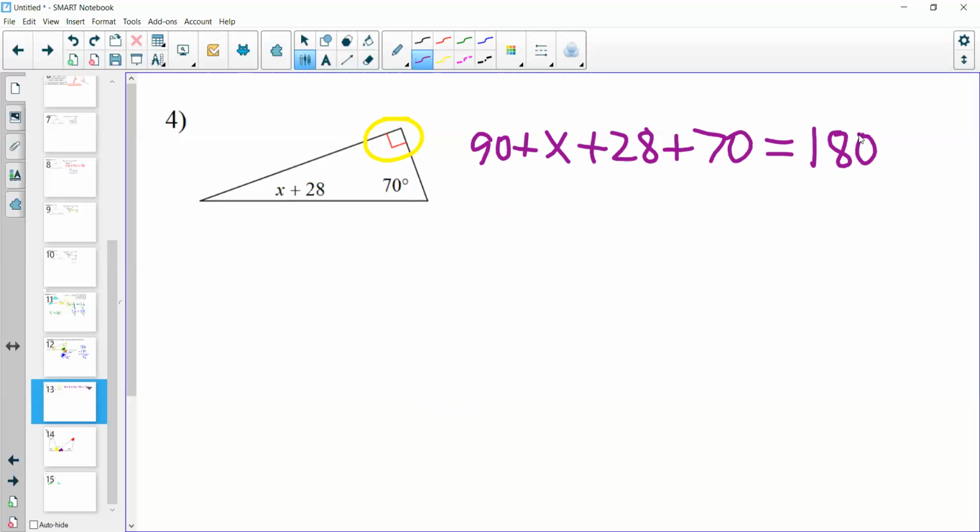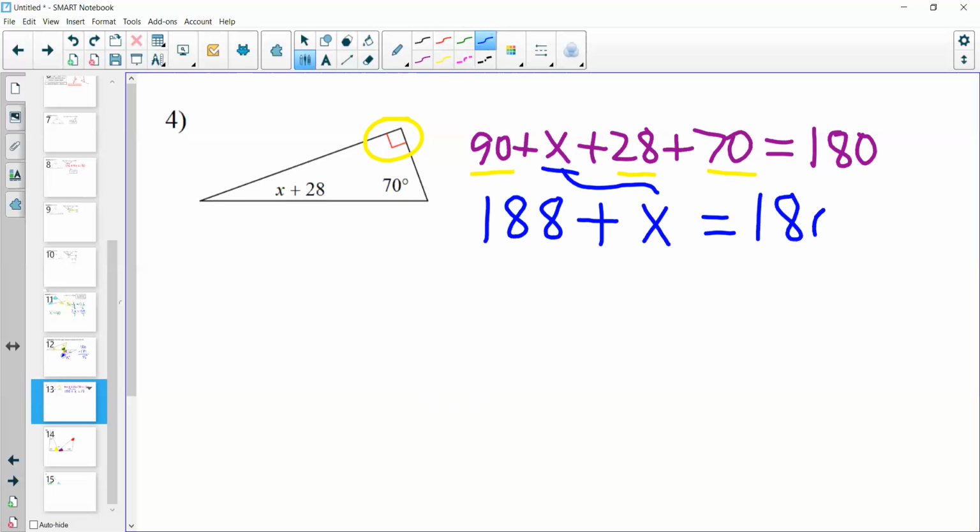I will combine my like terms. So I'll do 90 plus 28 plus 70. Well, 90 plus 70 is 160. 160 plus 28 is 188. So I get 188 plus x, because the x is still there, equals 180.